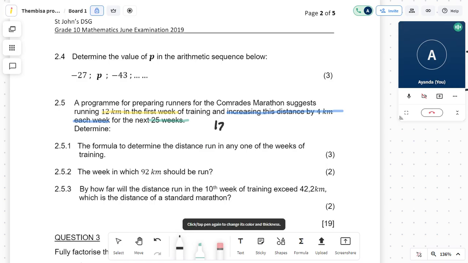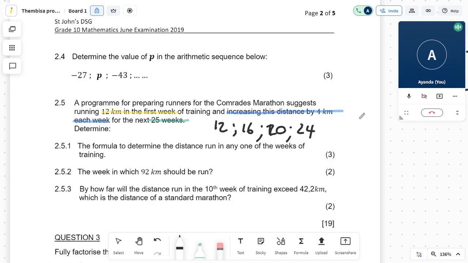So we're going to start off at 12. And for the next week, we're going to have 12 plus 4, which we know is 16. And we're going to add another 4 kilometers, which is going to be 20, and 24, etc., until we get to 25 weeks.